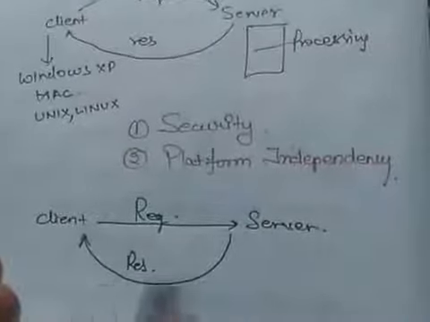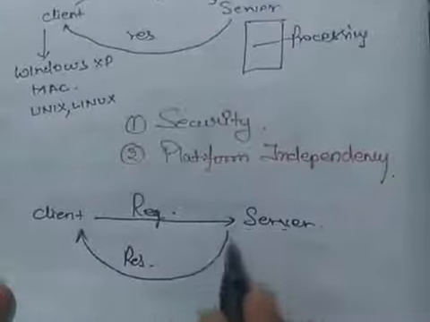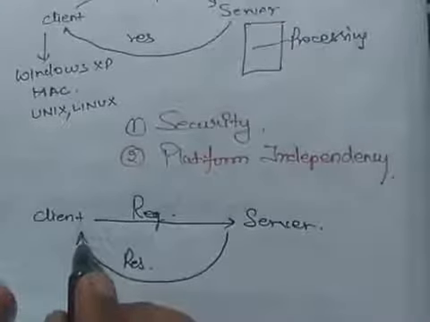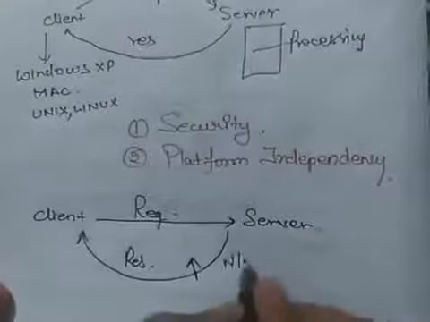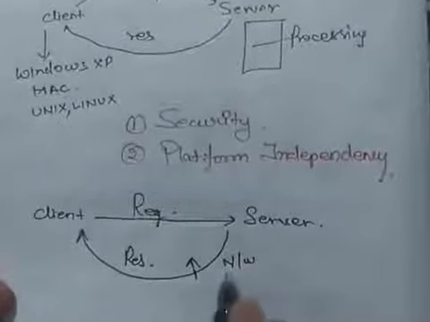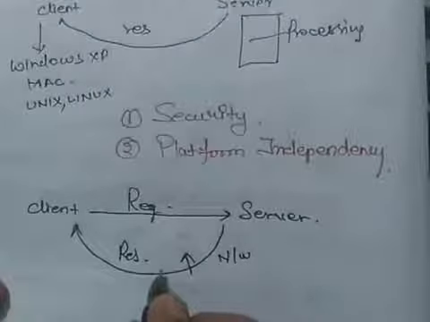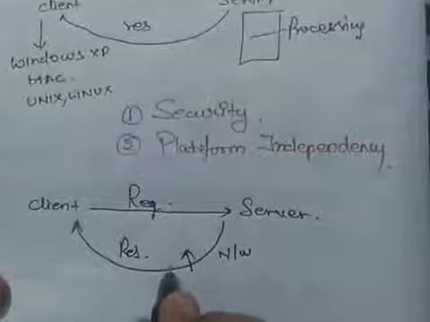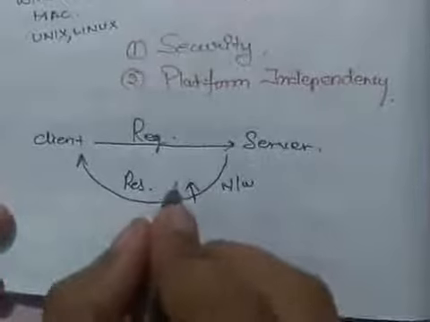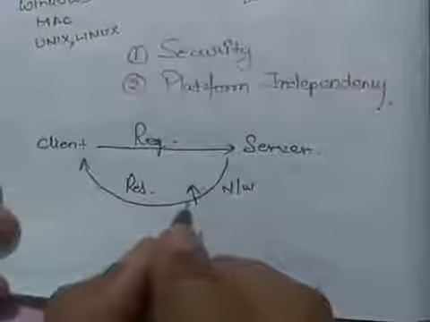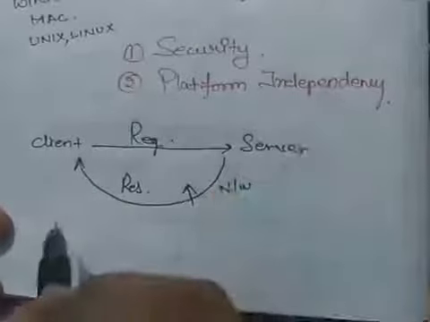So how can you provide security from server to client, as this data travels on a network, and in this network millions of computers are connected and this data can be hacked. So security is the most important concern for an internet programming language. And the second term is platform independency.